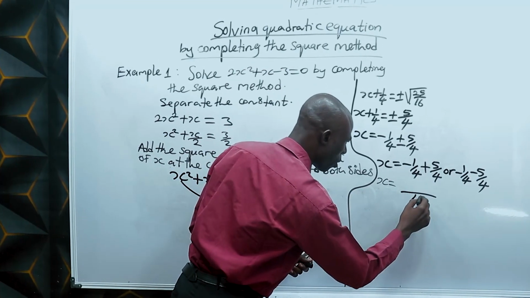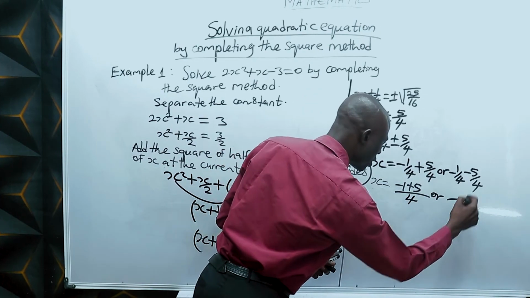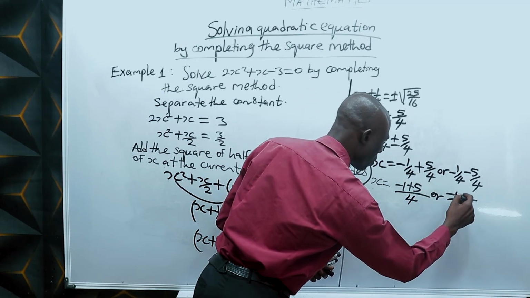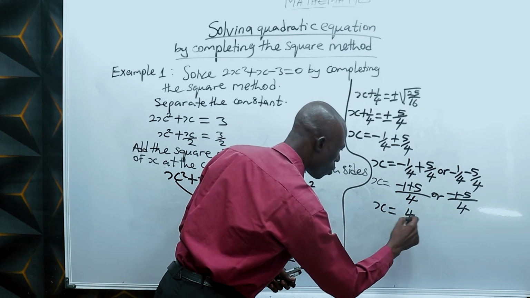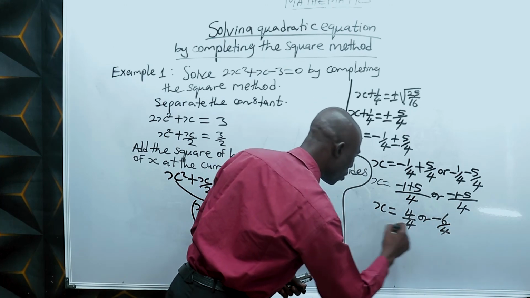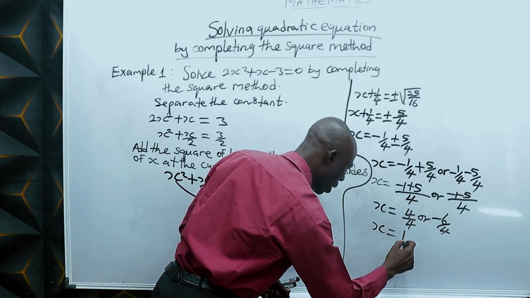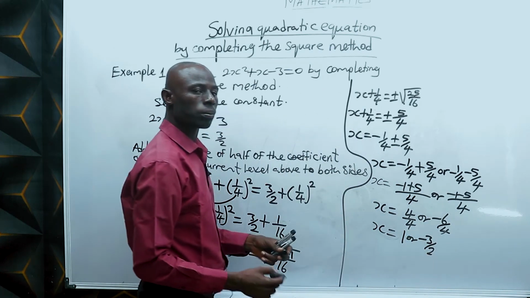LCM here is 4: minus 1 plus 5, or minus 1 minus 5, which gives x equals 4 over 4, or minus 6 over 4, and finally x is 1 or minus 3 over 2.